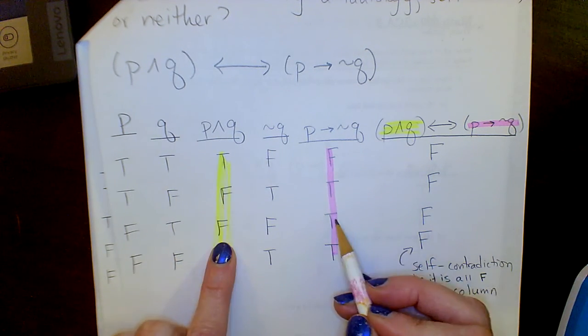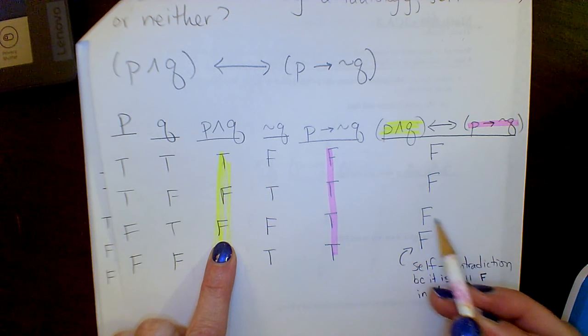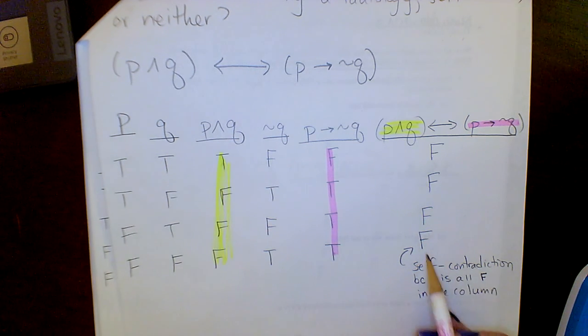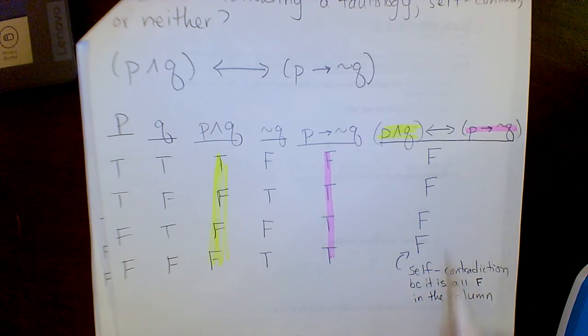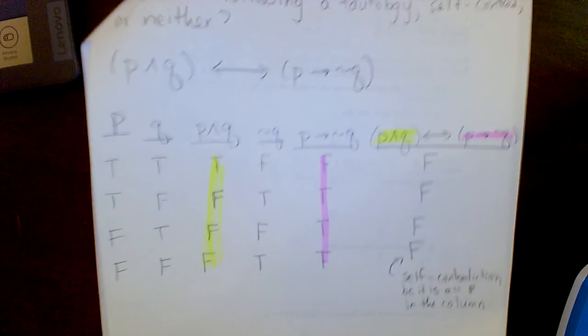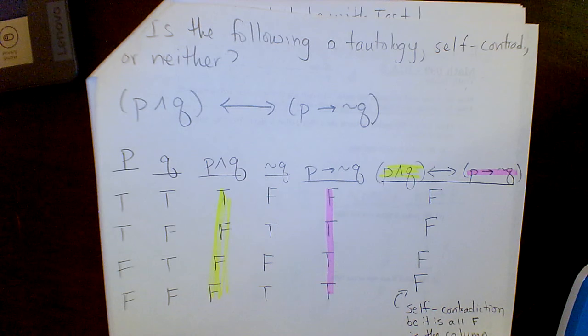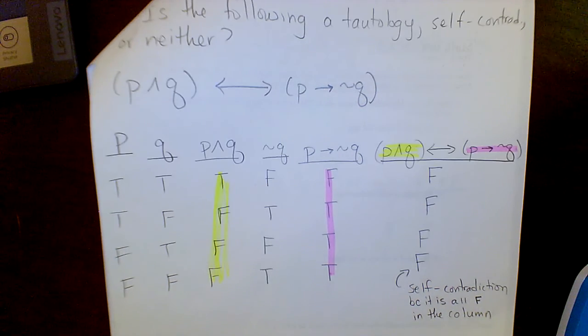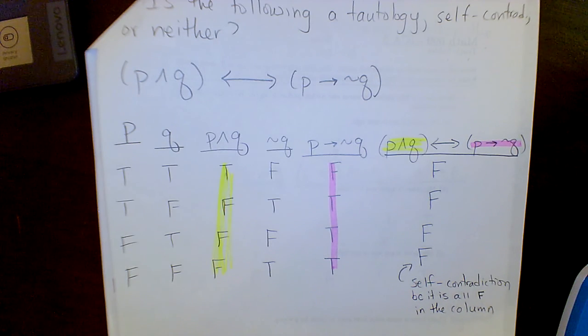No. Are these the same truth value? No. Are these the same? No. Because this is a column of all falses, we say it's a self-contradiction or just a contradiction. So the question was, is it a tautology, a self-contradiction, or neither? So it's a self-contradiction. Sometimes we just abbreviate that and say a contradiction.